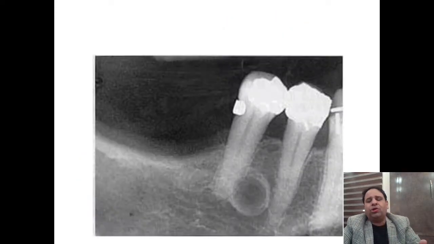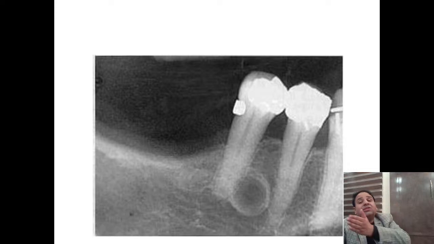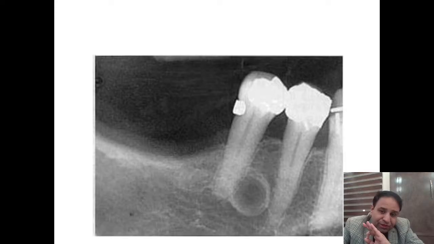Correct? You all know a cyst which is seen associated with the lateral surface of the root is the lateral periodontal cyst. This lateral periodontal cyst is attached to the lateral border of the root, and it has a variant.